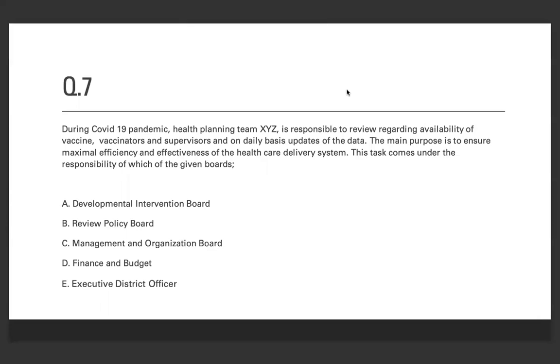This task comes under the responsibility of which of the given boards? Option A is Developmental Intervention Board. Option B is Review Policy Board. Option C is Management and Organization Board. Option D is Finance and Budget. Option E is Executive District Officer. C is the right answer.